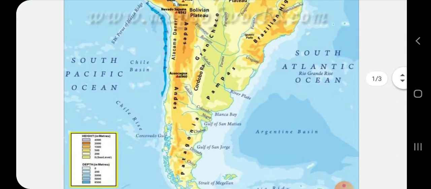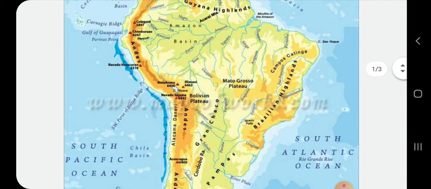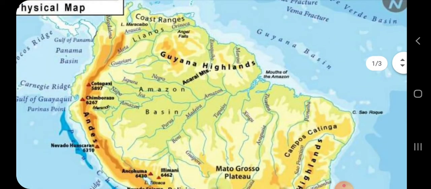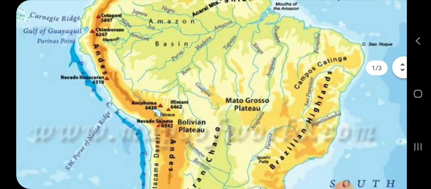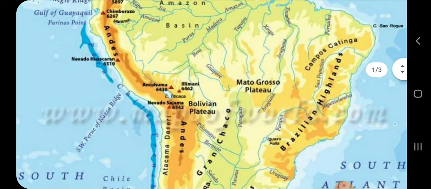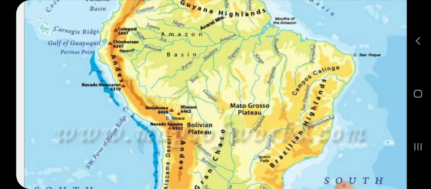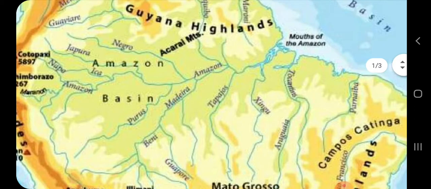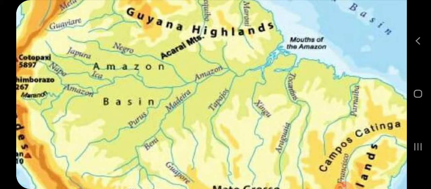Come to the next division, the Eastern Highlands. Look at the eastern part of the continent. The Guiana Highlands and the Brazilian Highlands form the Eastern Highlands. These two highlands are separated by the river Amazon. Right?